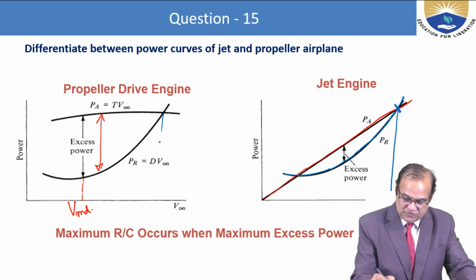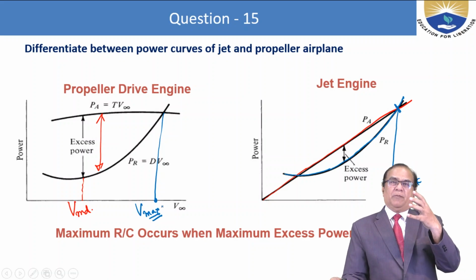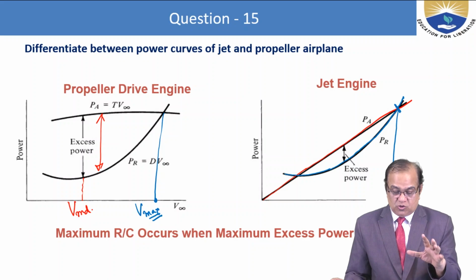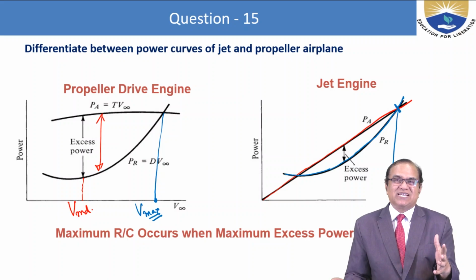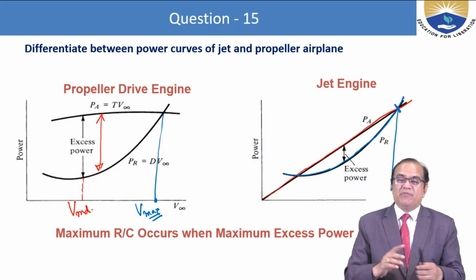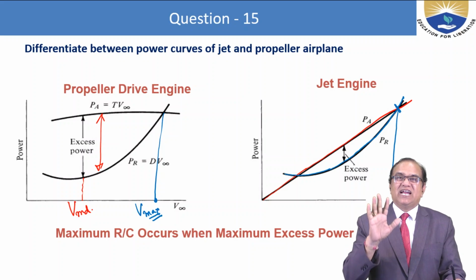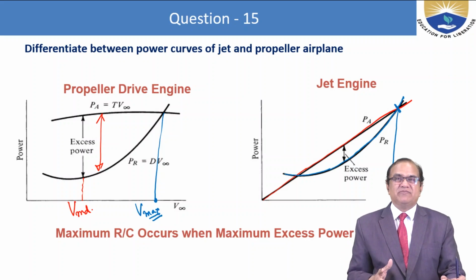Maximum velocity you will achieve wherever it is touching, and in this case your power available and the power required are both the same. So the velocity where both are the same is called the maximum velocity, and this will happen when you put your throttle to 100%. At full throttle, whatever velocity you are getting, that is where engine power available and the power required by the aircraft are the same, and that is the maximum speed.